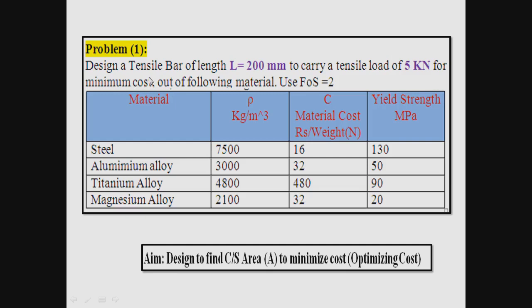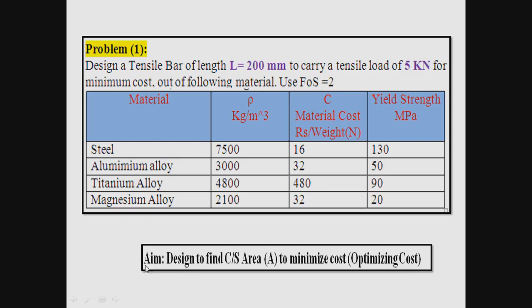So here the optimization parameter is cost, which we need to make minimum by using the following materials. Different materials are given: steel, aluminium alloys, titanium alloy, magnesium alloy. We need to select the material which will lead to the minimum cost of the tensile bar.